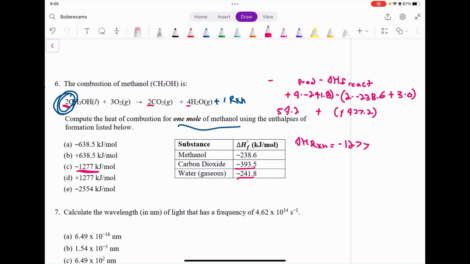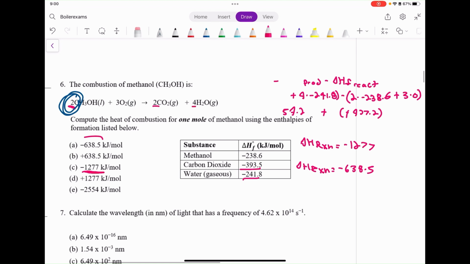So I hope that makes sense. If we take the number we just calculated and divide it by 2, you get negative 638.5. Okay. So that gives us A.